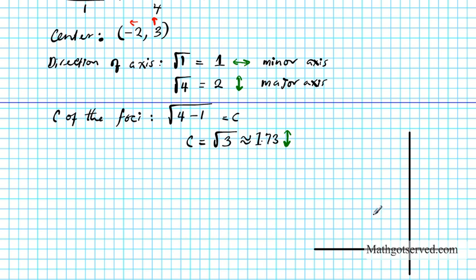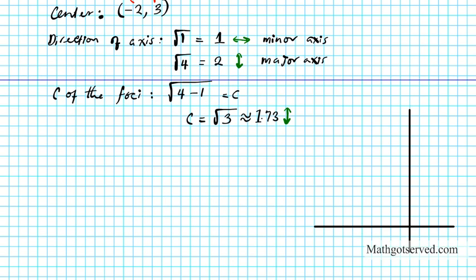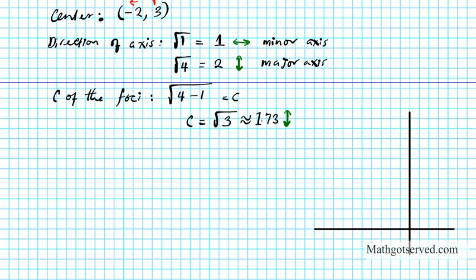All right. Now, first thing we want to do to generate our graph is to graph the center. All right, so the center is (-2, 3). So go 1, 2, negative 2, and go up 1, 2, 3. So there goes your center. Okay. Now we're going to use the direction of the axis to graph the 4 key points. All right.